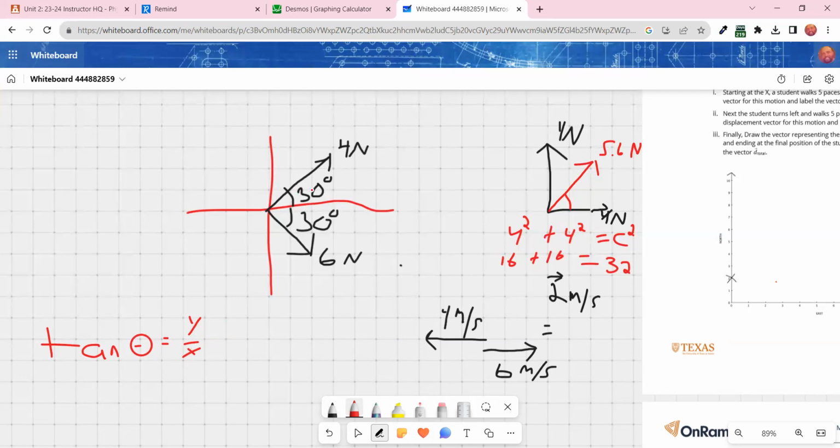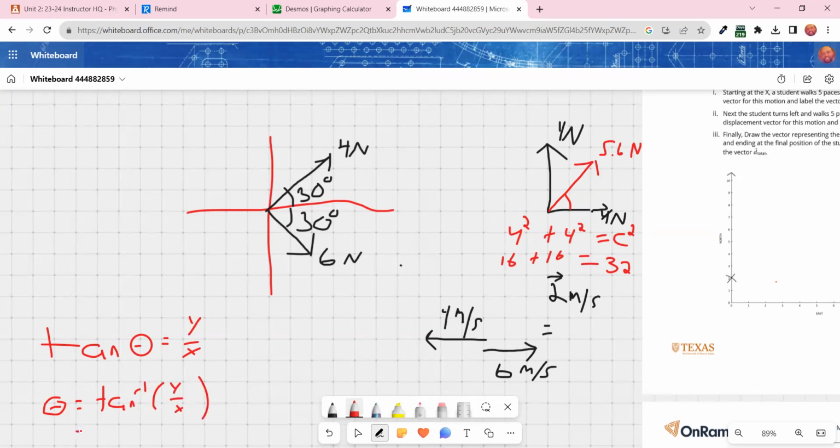Well, 99 times out of 100 in math or any science, our sine is y and our cosine is x. So I'm just going to say y over x. So the tangent of an angle is y over x. That means the angle is equal to the arctan of y over x.